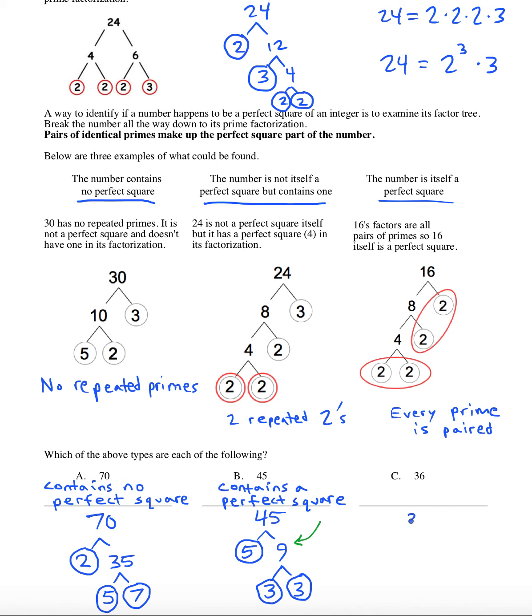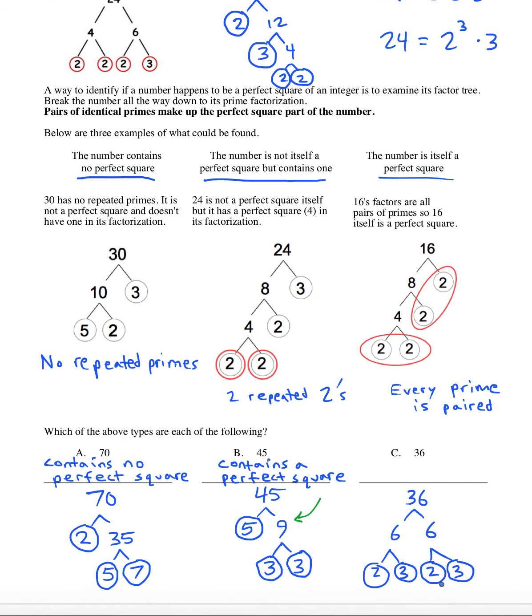Now let's try 36. 36 breaks into 6 times 6, which would be 2 times 3 and 2 times 3. Notice that every prime is paired.